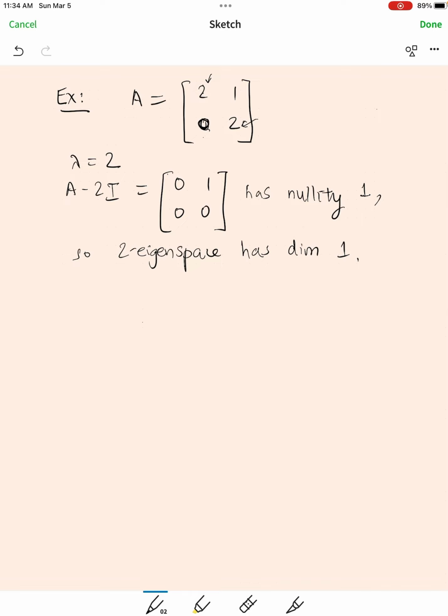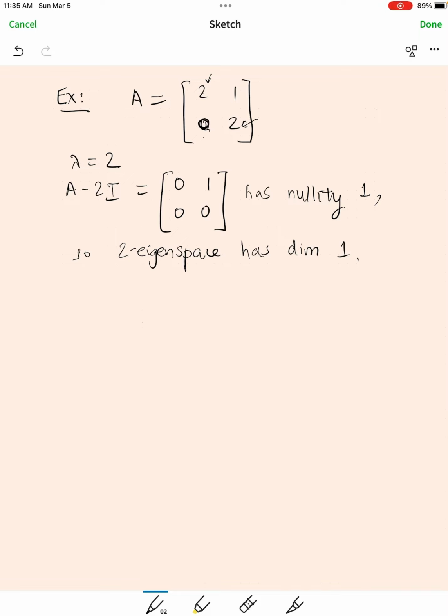The only way that can happen is if A scales the entire plane by a factor of 2, right? And the only way that can happen, what does the matrix A have to be? It has to be the diagonal matrix with 2's on the diagonal. So that's actually an easier way to think about it.